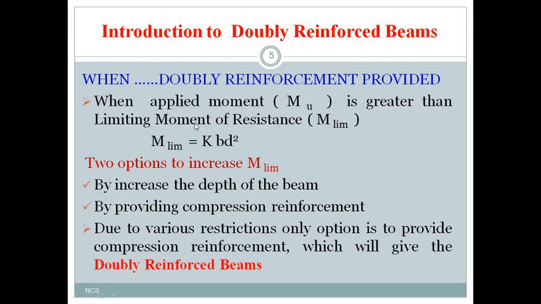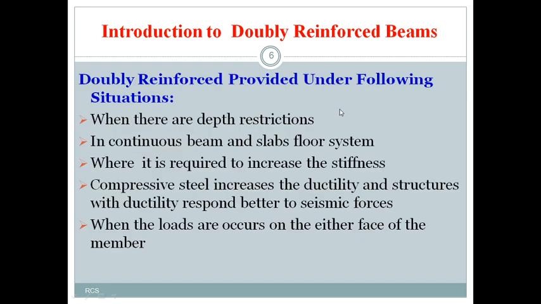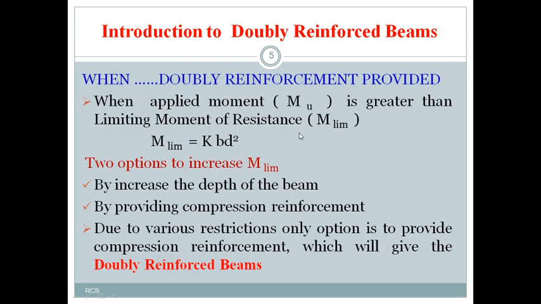And by using the dimensions provided, grade of steel and grade of concrete, we can calculate the limiting moment of resistance. If the applied moment Mu is greater than the limiting moment of resistance Mu limit, then we go for providing doubly reinforcement in the beam.